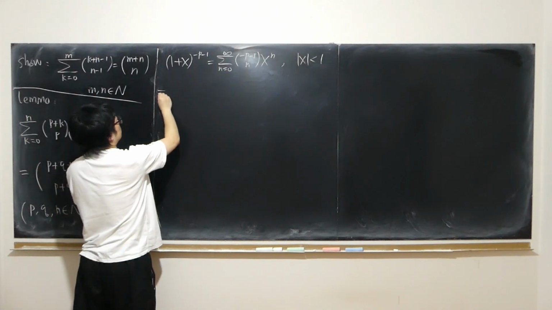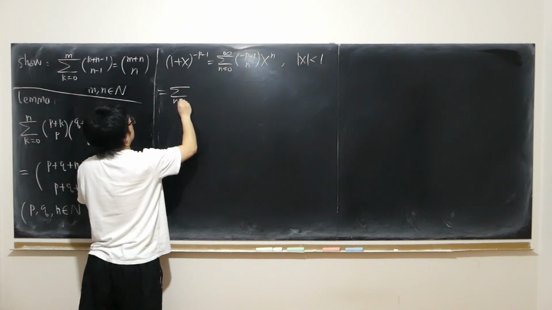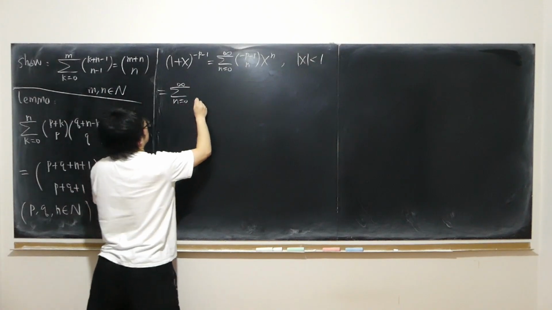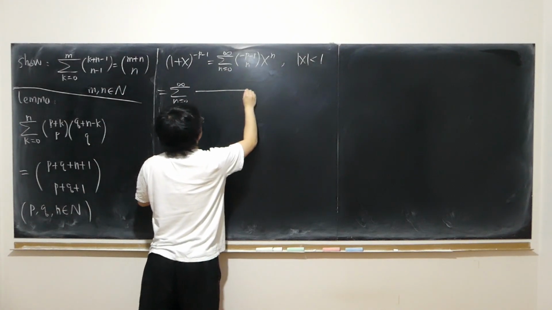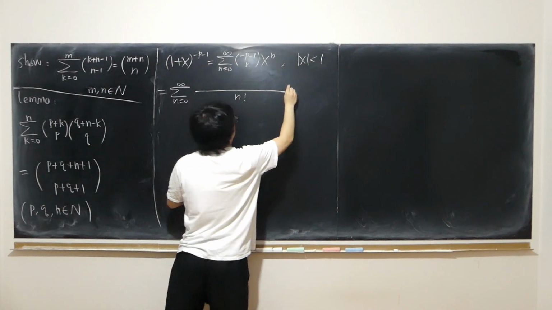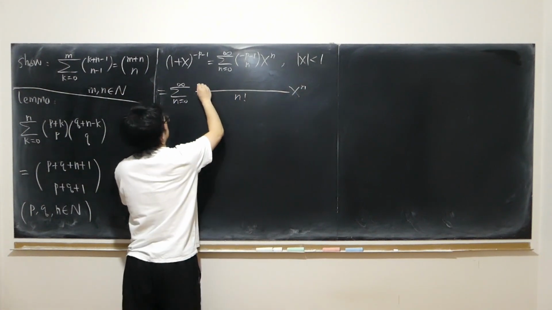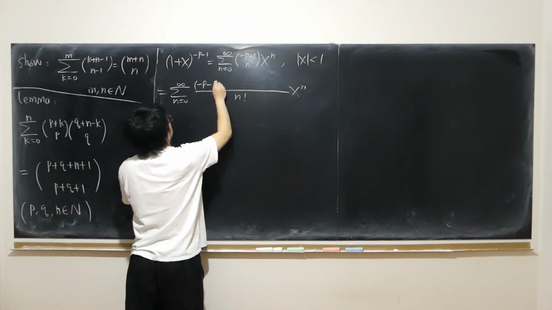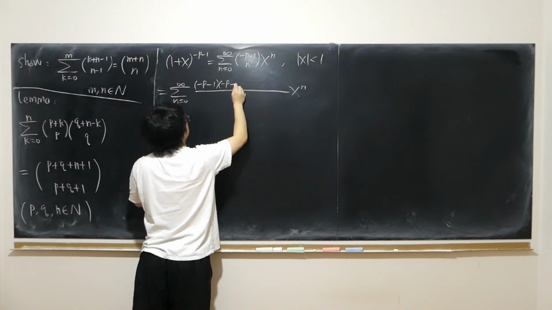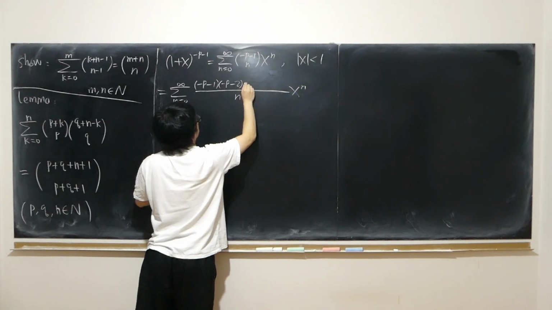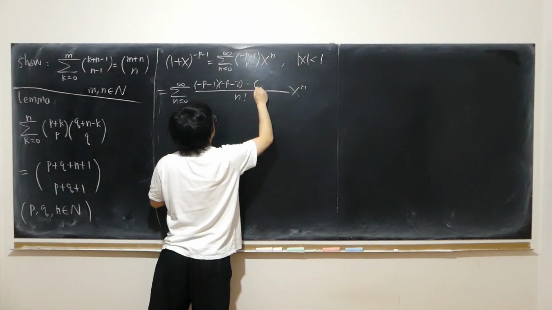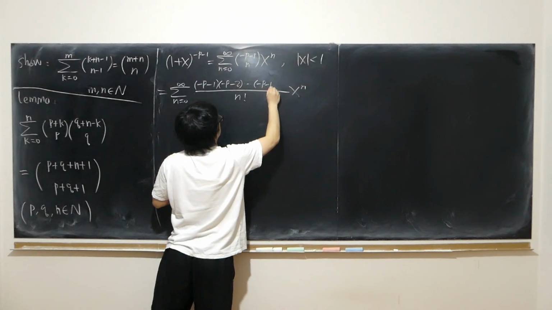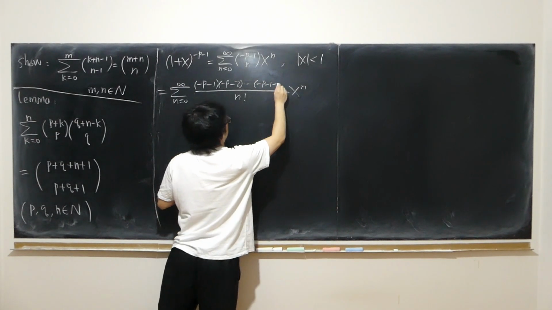So when you write it down in detail, you have n factorial, x to the n, minus p minus 1 times minus p minus 1 minus 1, minus 2, all the way down to minus p minus 1 minus n plus 1.